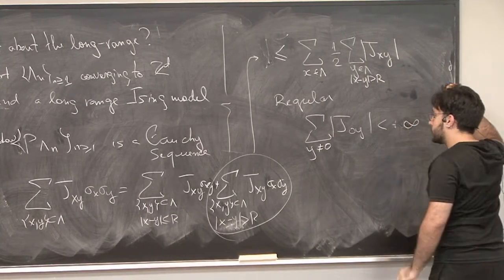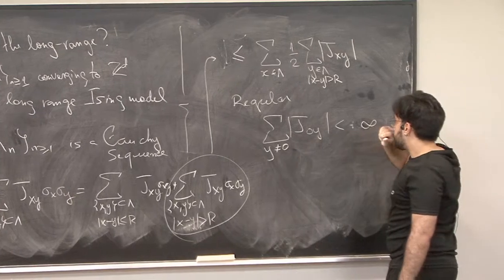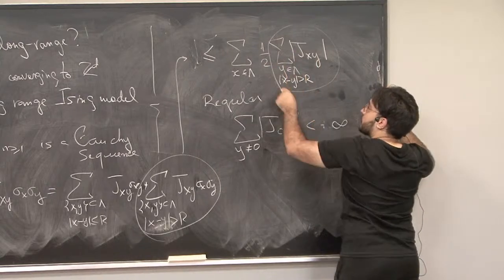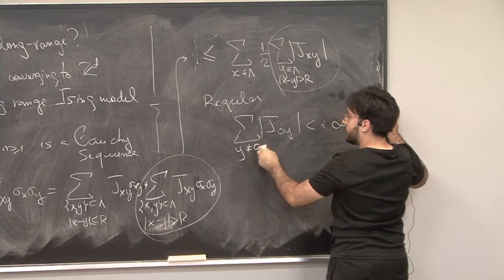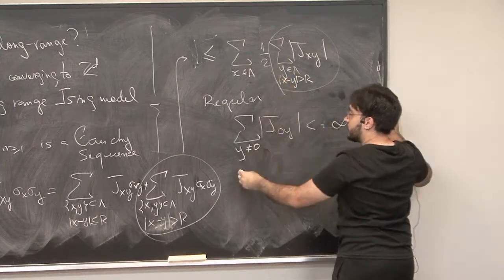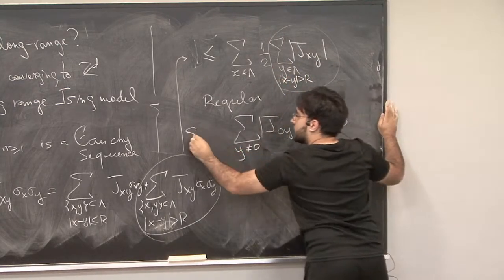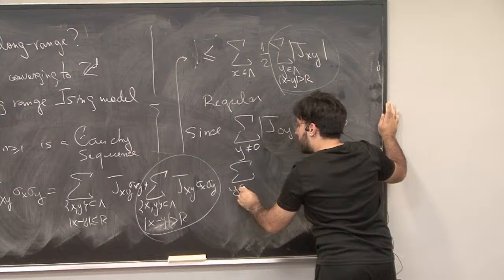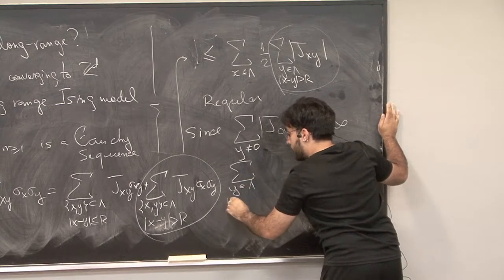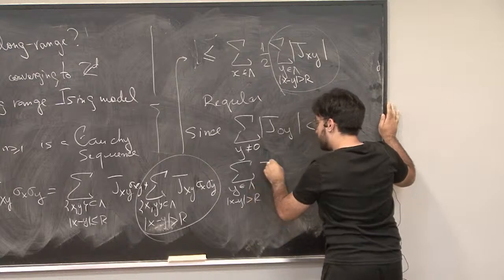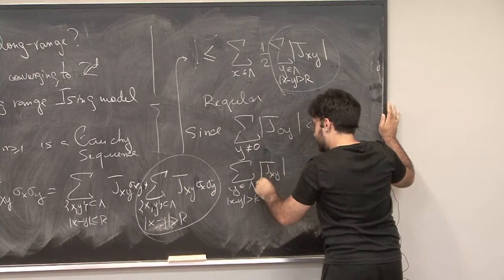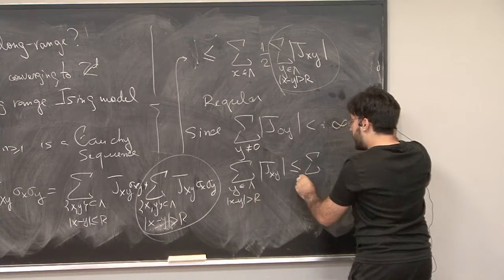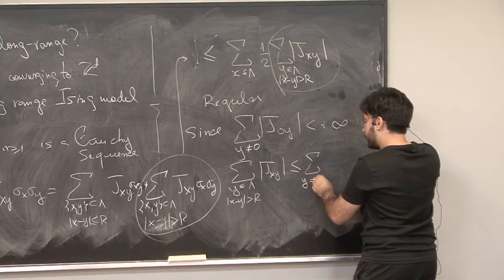Since this series converges, this term right here, the sum over y inside Lambda with |x minus y| larger than r, is actually less than if I consider every y different from x.